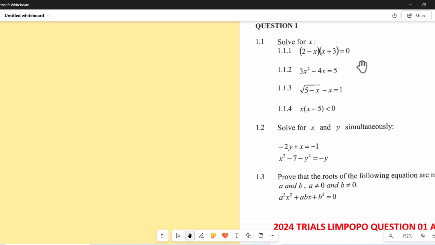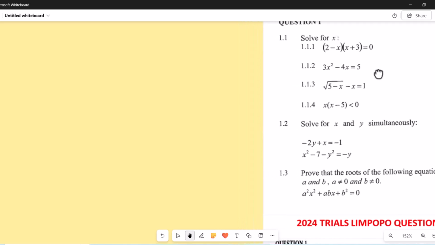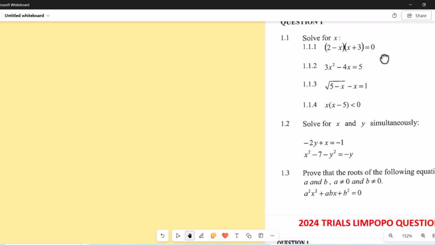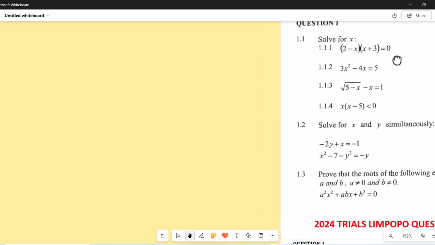They give us (2 minus x)(x plus 3) equals 0. Because of the 0, we are going to use what we call the zero product rule. That means that either one of the brackets equals 0 or the other.